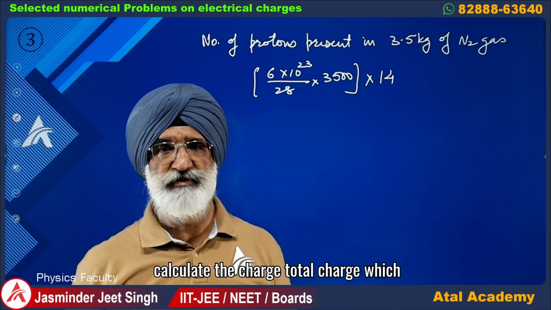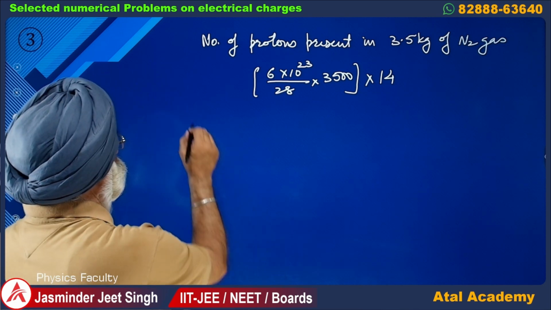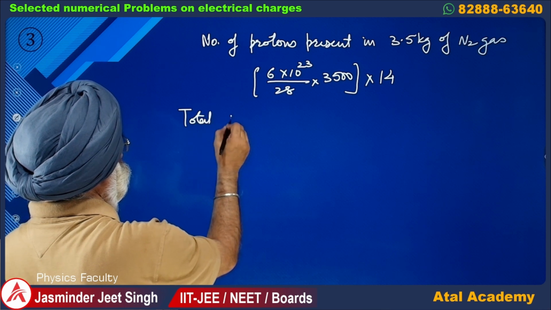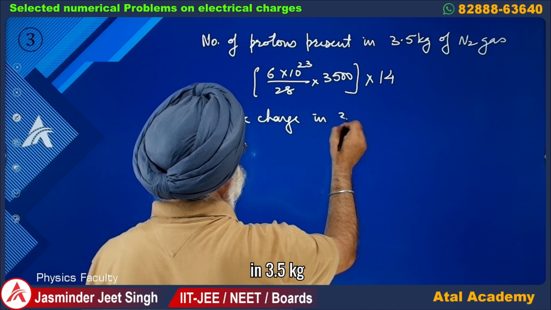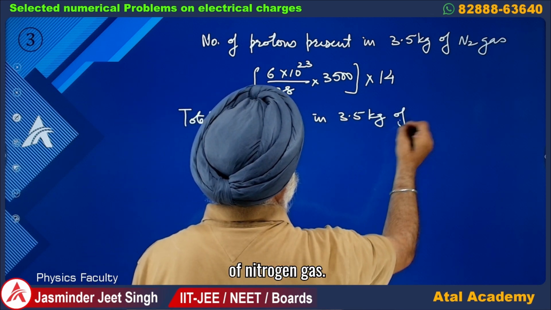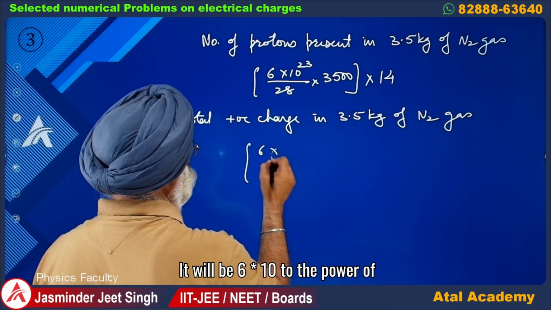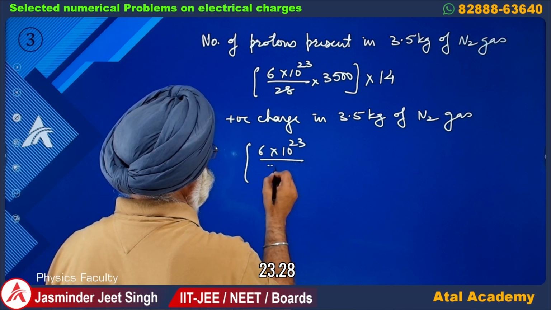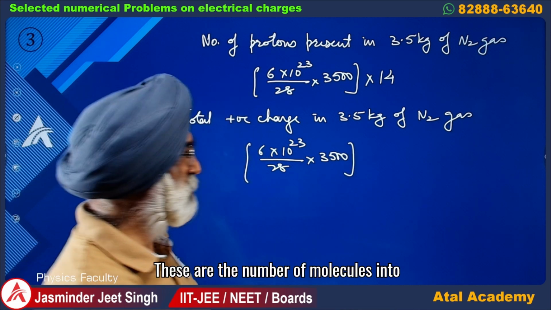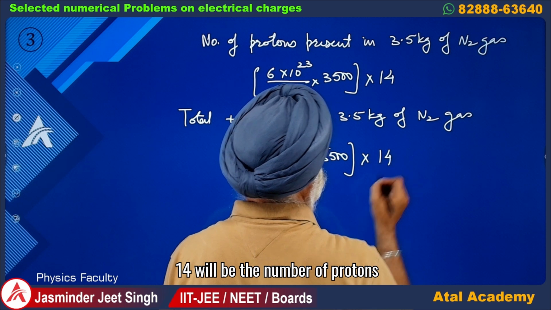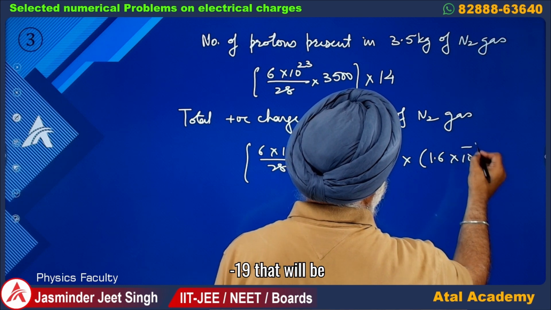Now we can calculate the total charge which 3.5 kg of nitrogen gas will have. Total positive charge in 3.5 kg of nitrogen gas will be 6 into 10 to the power of 23 upon 28 into 3500, these are the number of molecules, into 14, which is the number of protons, into 1.6 into 10 to the power of minus 19.